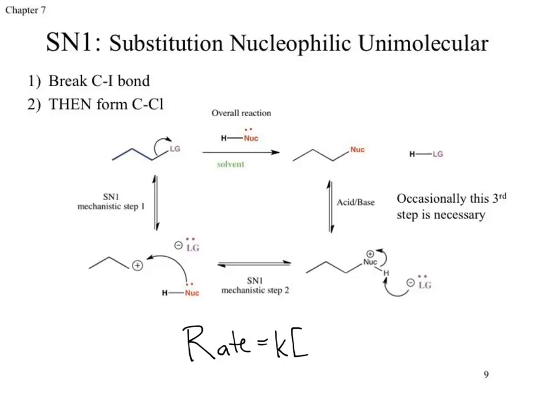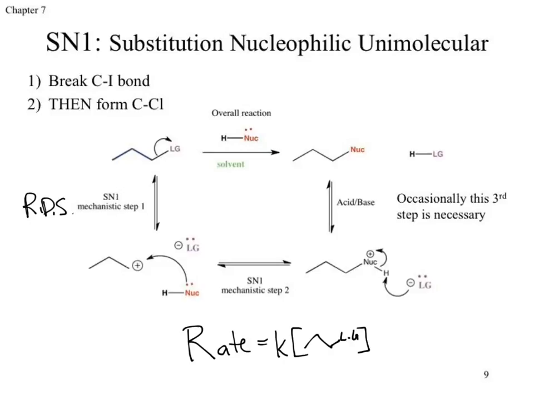If that rate determining step is our first one, our RDS, what are our reactants in that first step? It is just the substrate. What's the order of this reaction?